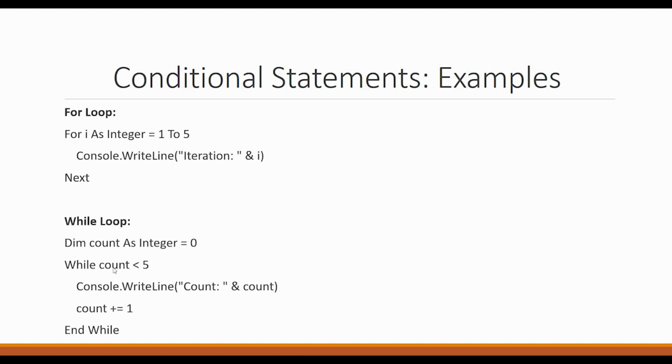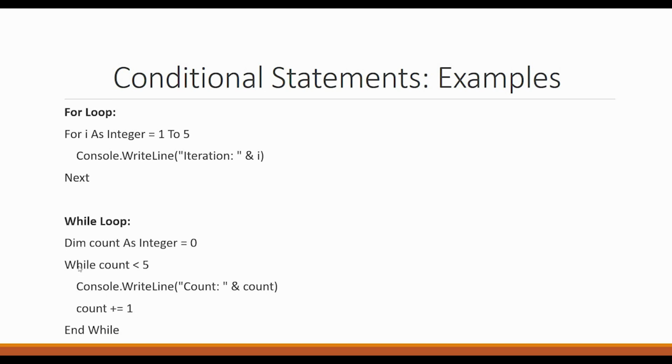Then we are saying that whilst the count value is less than 5, it should load. So as soon as it loads number 1, it should now increase the count value from 0 to 1. So you should add 1 to the count variable. This is what this portion means: count plus equal to, the same as count equals count plus 1. But this is the short notation, how we can shorten it.